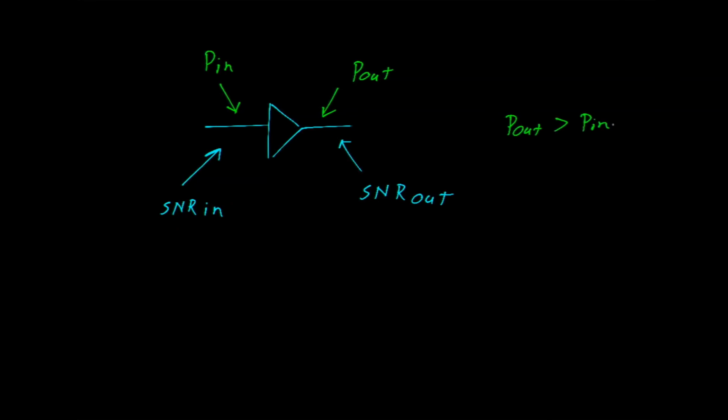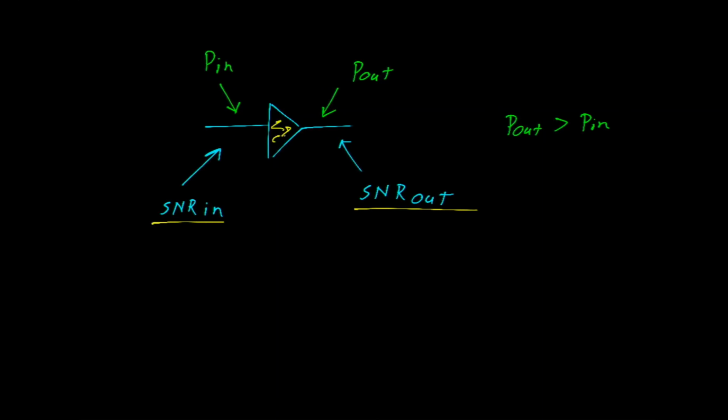But what about the signal-to-noise ratio? Well, there was a certain amount of signal and a certain amount of noise that went into the amplifier. There is an amplification of both the signal and the noise on the output of the amplifier, but you have to remember that there are gremlins inside the amplifier that will add more noise.